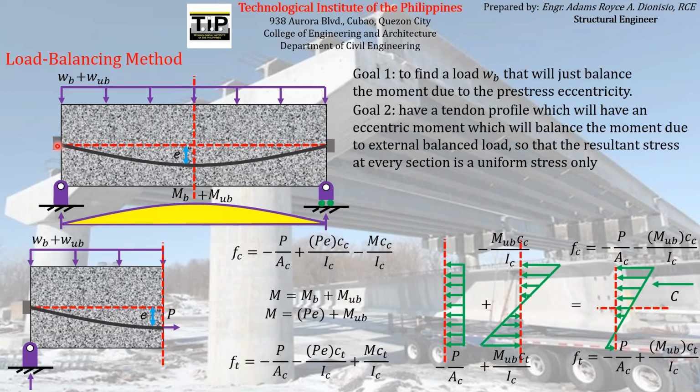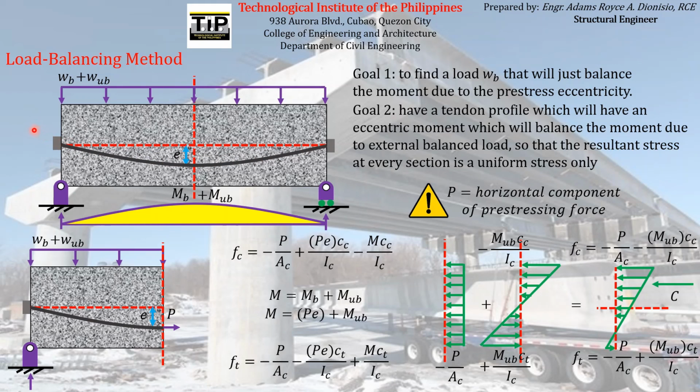Although in cases where the tendon profile, or the profile of the pre-stressing reinforcement, varies along the length, you have to take note that the force P that you use in this formula must be the horizontal component of the pre-stressing force. If you imagine the direction of the pre-stressing force acting at the end of the pre-stressing reinforcement, we know that it is always tangent to the profile of the reinforcement.